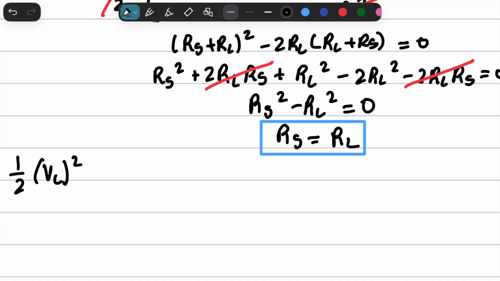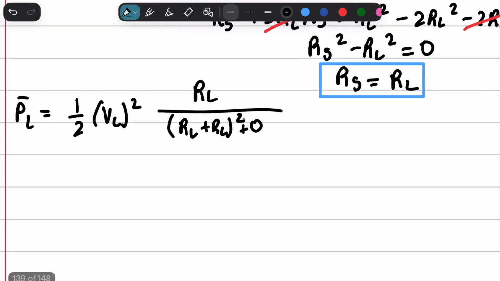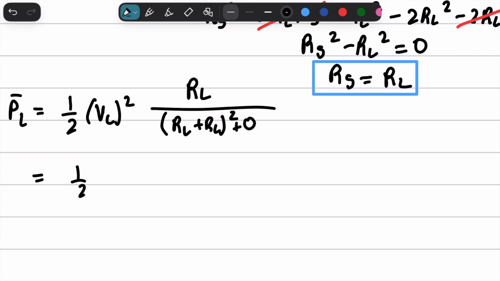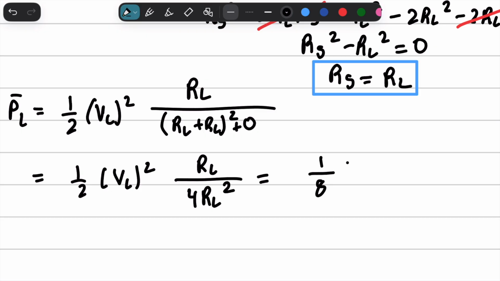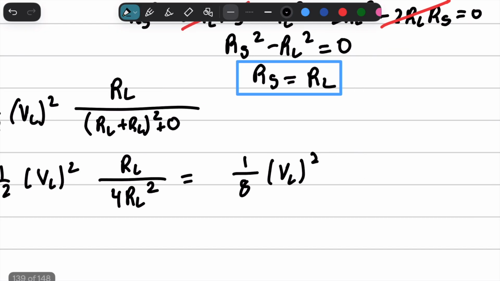So we'll say RL over, and we already said that this reactive portion is 0, and then we're just going to plug in RL plus RL squared plus 0, and that's going to equal 1/2 VL squared, and then RL over 4RL squared, and so we effectively get 1/8 VL squared over 1 over RL.